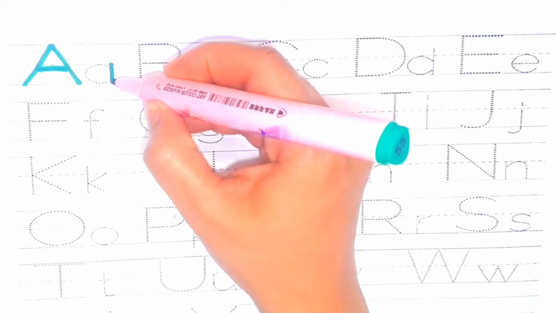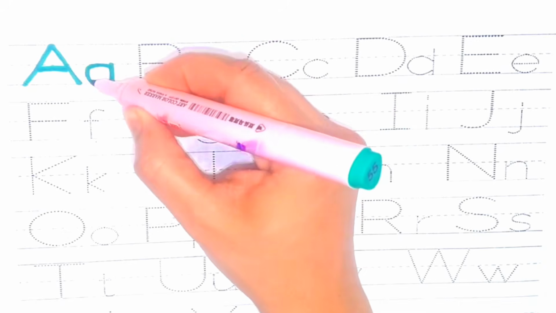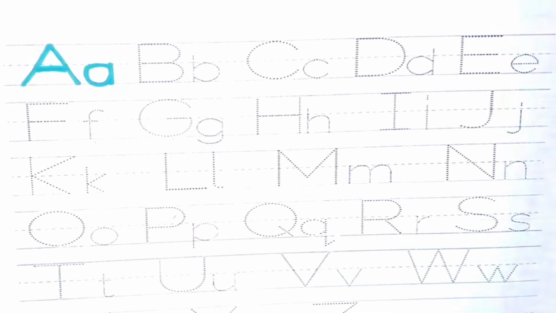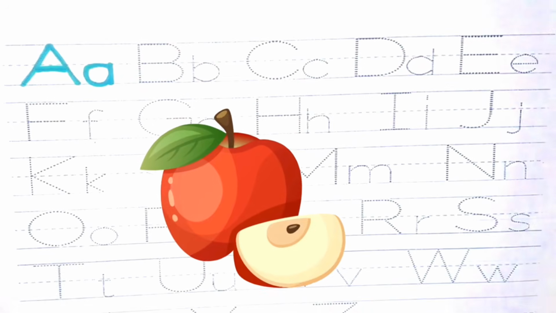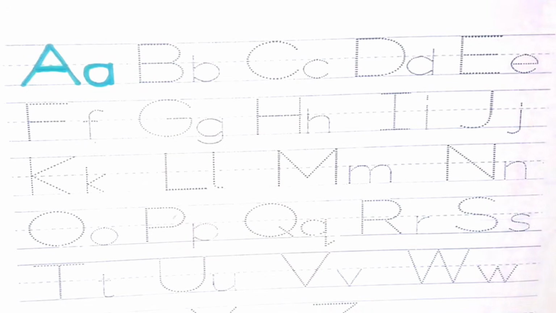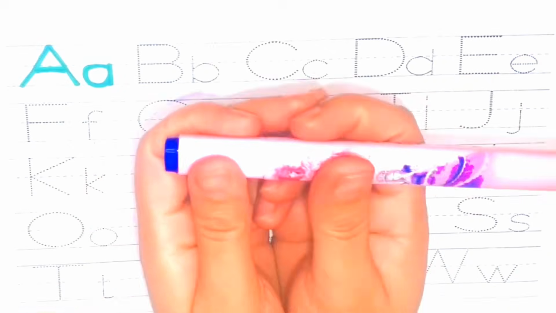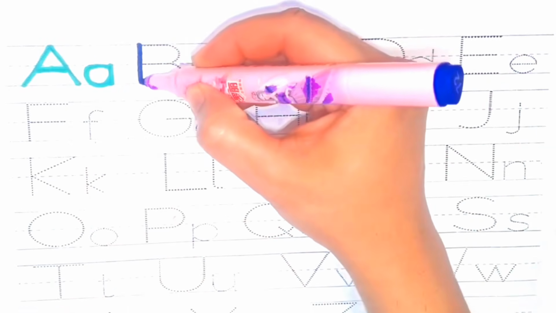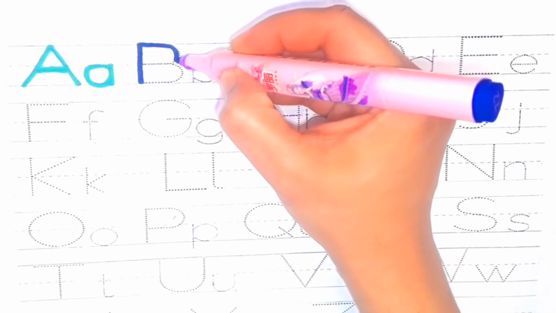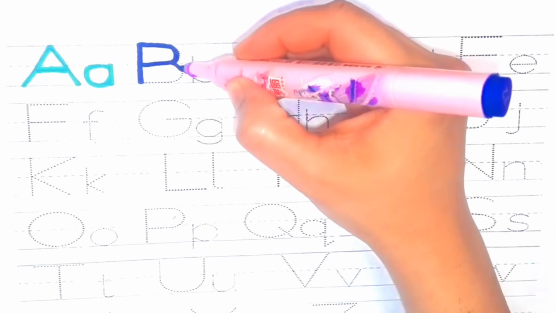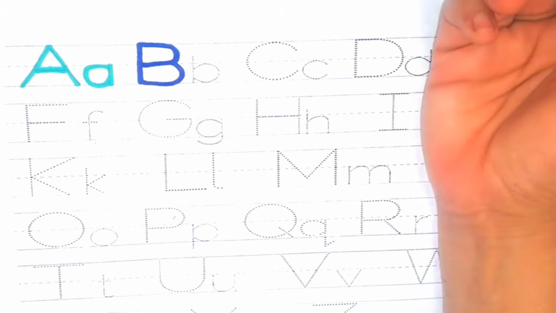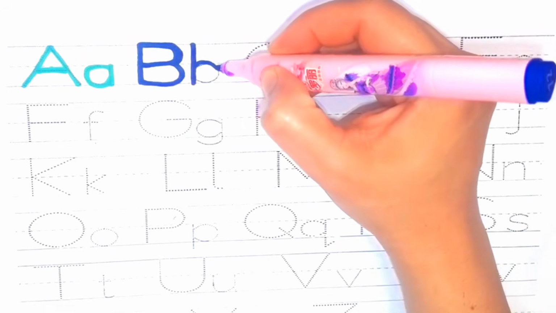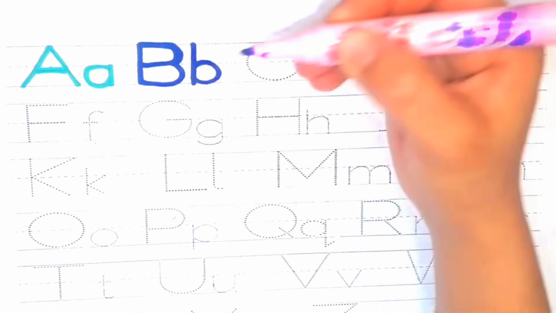Capital A, small a. A for apple. Capital B, small b.